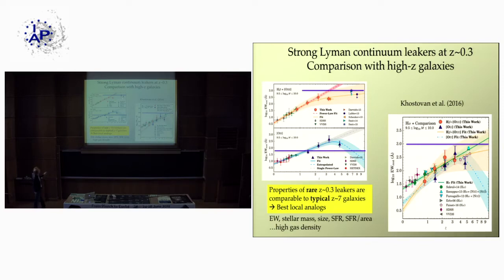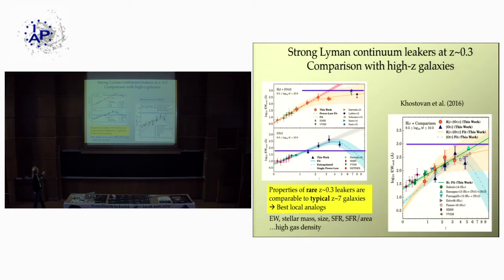For example, here you see compilations of data where we try to follow galaxies over a certain mass range at different redshifts, from redshift 0 to the highest redshift, and people are trying to measure the equivalent widths of the H beta and O3 line, which we can do by photometry in most cases.